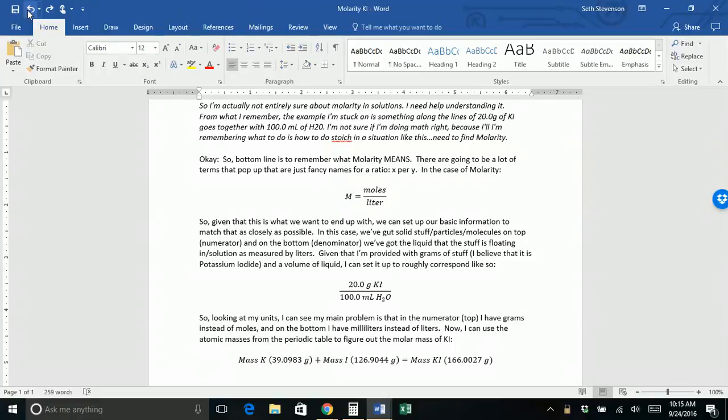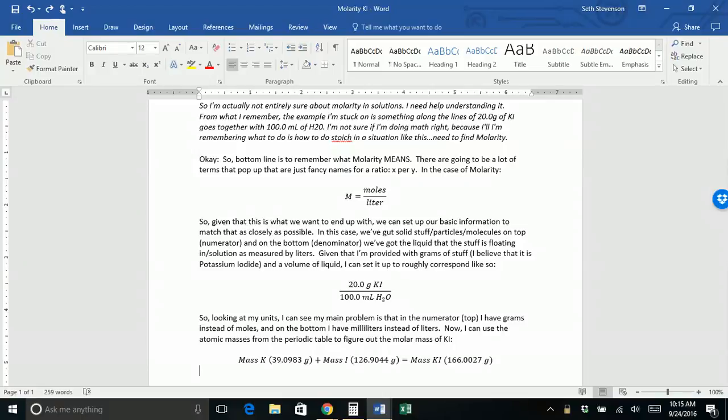Turns out, according to the periodic table I've got, the mass of potassium is 39.0983 grams, and the mass of iodine is 126.9044 grams. I actually had a little bit more information for the iodine, but I went ahead and truncated it. I know that my final product is not going to go to this many significant digits, so I'm allowing myself to be a little lazy. Technically, I shouldn't do that, but I think we'll get away with it in this case.